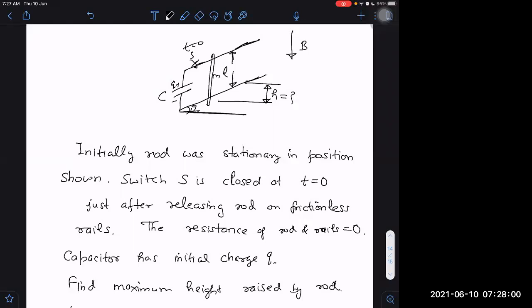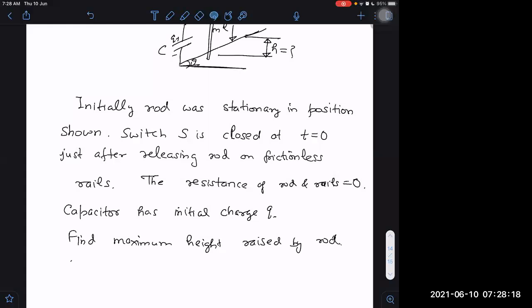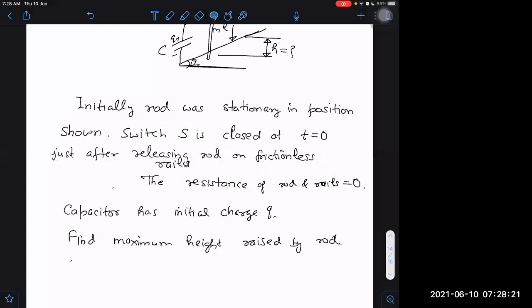Okay, something you can see from the diagram. Theta is also given to you.